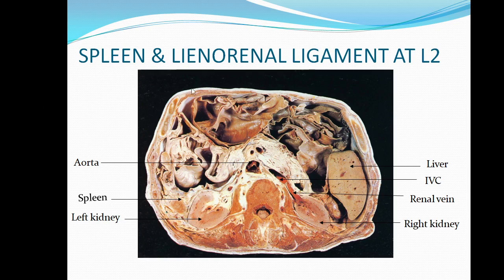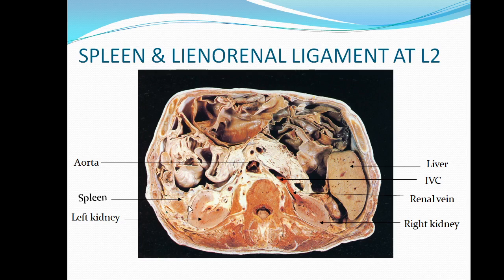This is the transverse section of the abdomen at the level of L2 to show the relations of the spleen with the kidney. Here you can see the left kidney, this is the spleen, and here is the lienorenal ligament.